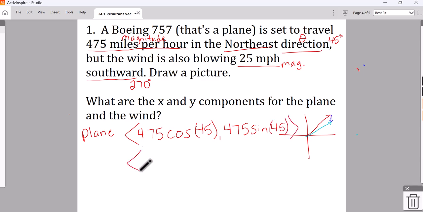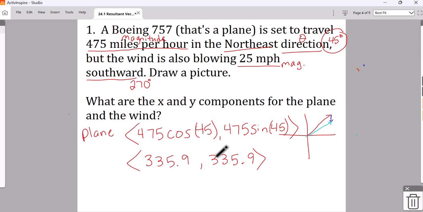And what we get when we type both of those separately into the calculator is 335.9 and 335.9. What I want you to think about is, does this make sense for this situation? Hopefully you say yes, because we used a 45-degree angle. And what we know about 45, 45, 90 triangles is that our two sides are the same.